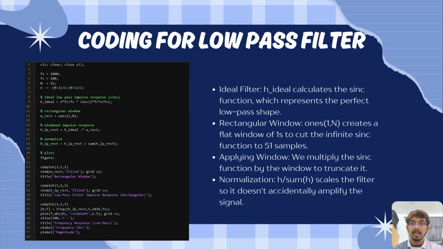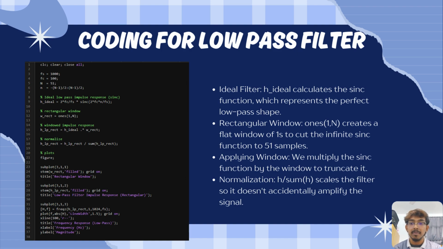Firstly, we can look at the ideal filter. In our code, we first define the sinc function to get our ideal shape, which represents the perfect low pass shape. The second one is the rectangular window. We create the window using the ones command, which acts like a block that is 51 samples long.